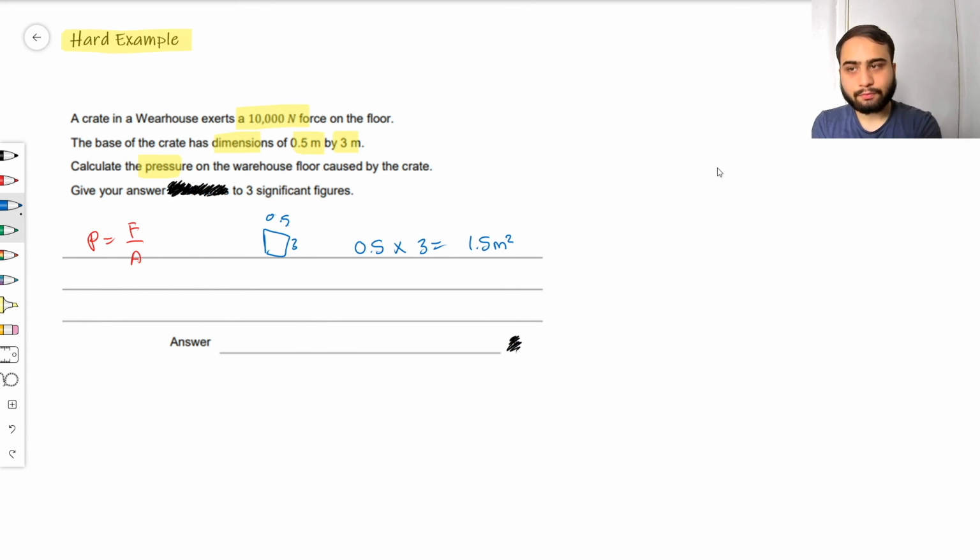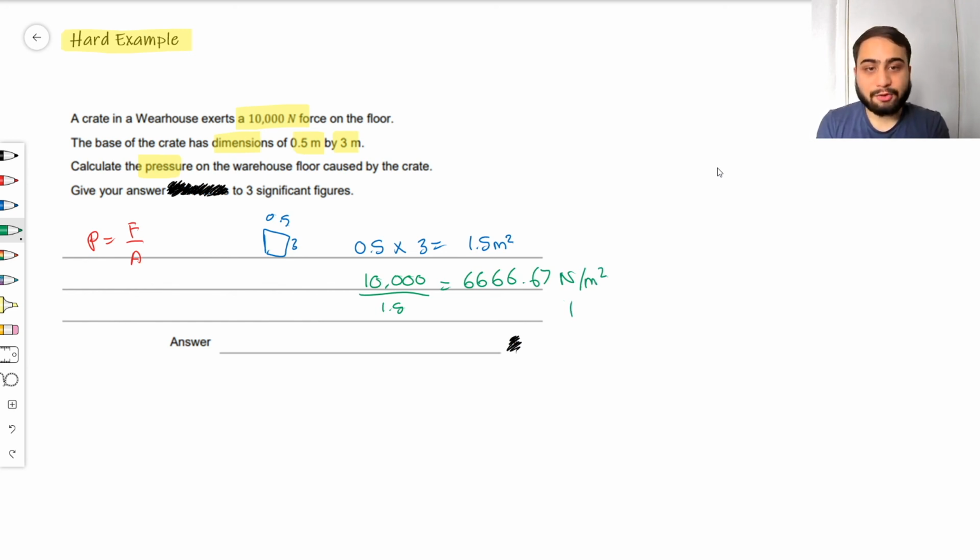Now, what we do is input all of our numbers into our formula itself. So we do 10,000 over 1.5, and that gives us 6,666.67 newtons per meter squared, because remember, that's our unit. We can also give it in Pascals, either one is fine. Now, it says give it to 3 significant figures.